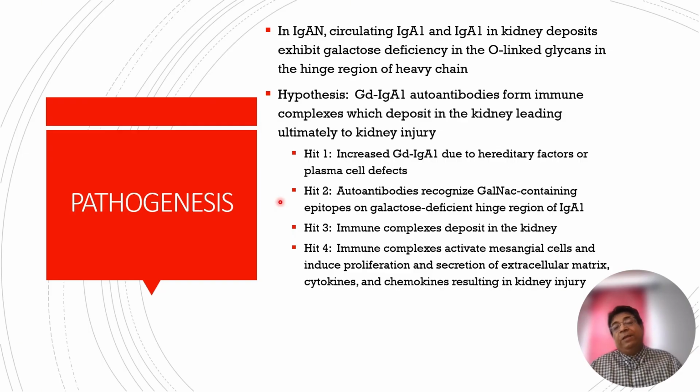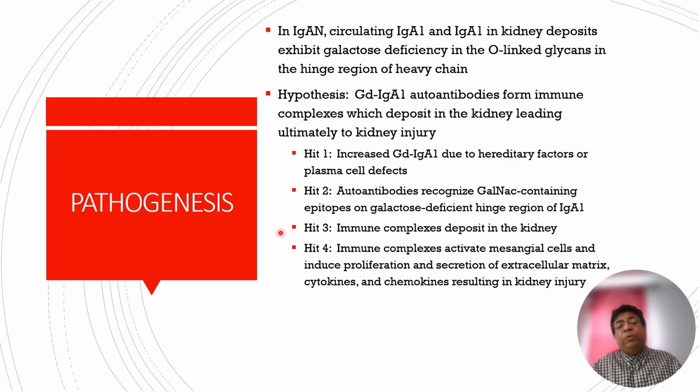So now you have galactose deficient IgA, you have autoantibodies to the GalNAc containing epitopes, and then of course you're going to develop immune complexes, and those immune complexes will deposit in the kidney.